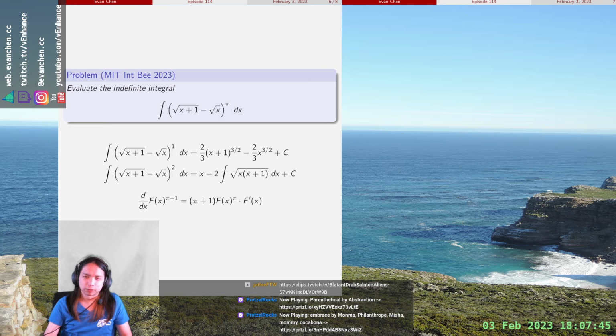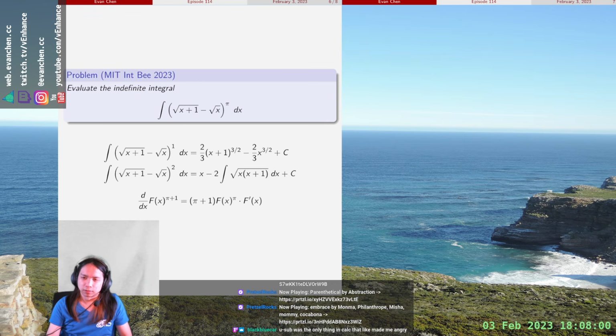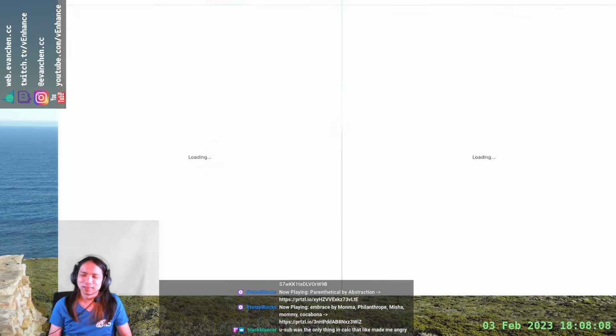Okay, here's something interesting. When I differentiate root x plus 1 to the... wait, actually, that is really weird now that I think about it. If I take this thing and I differentiate it, do I get basically the same thing back? I get basically the same thing back, right?